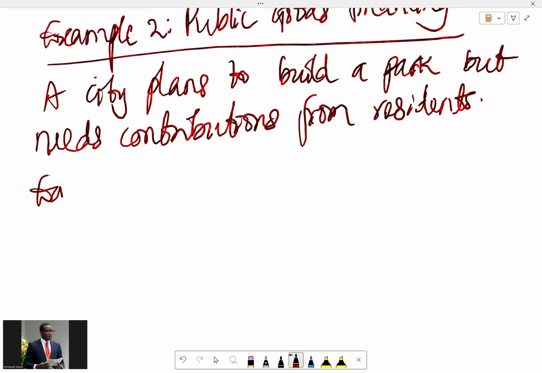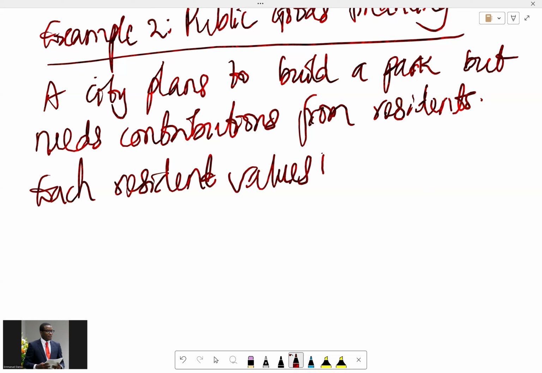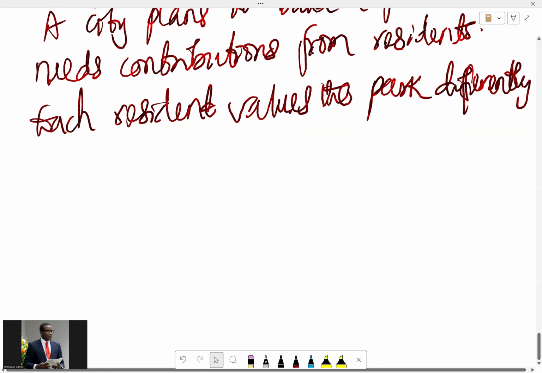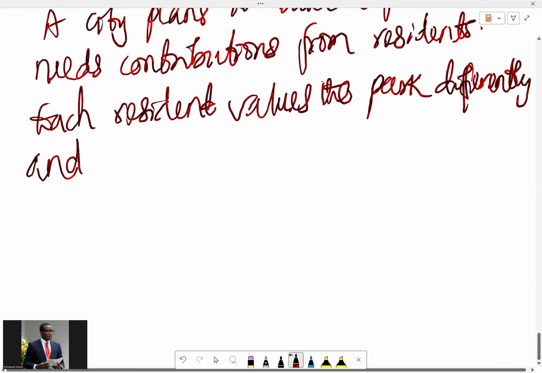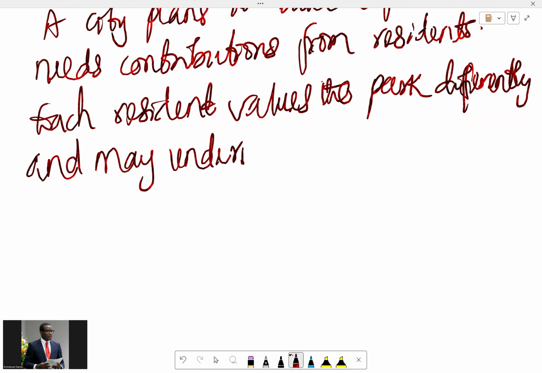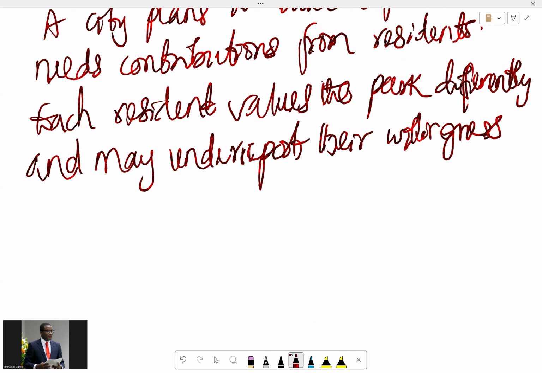Each resident values the park differently and may underreport their willingness to pay.